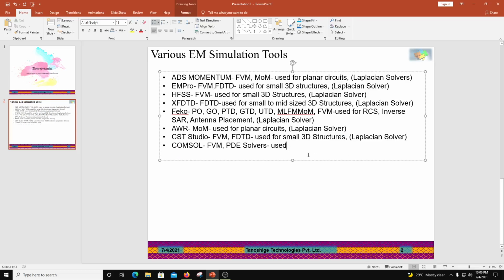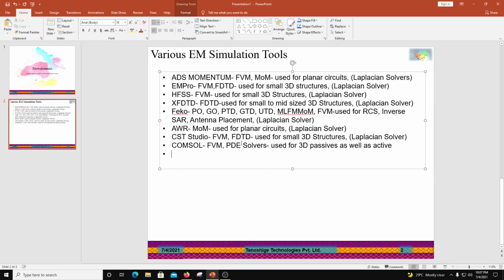While this one can be used, there's no limitation on 3D structure size. So I will say used for 3D passives as well as actives, and this is not a Laplacian solver. So that's COMSOL. Now ISE TCAD is in the same league as COMSOL, or Centaurus TCAD, which can do passives as well as active.